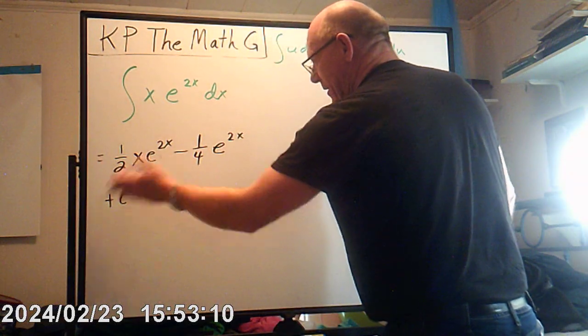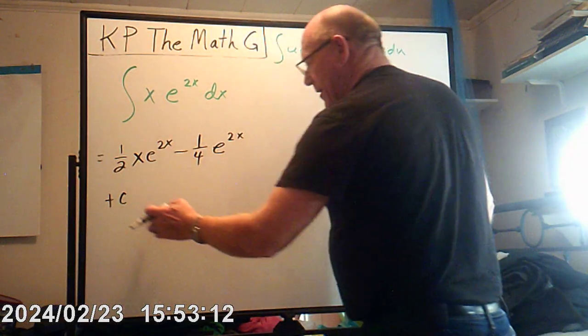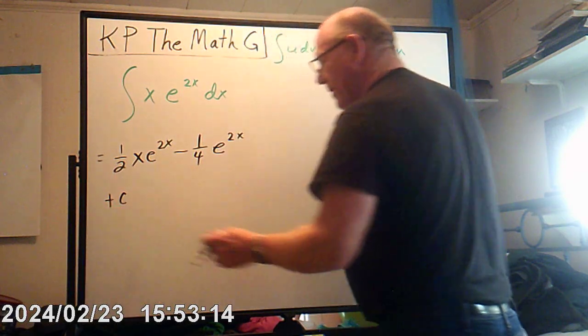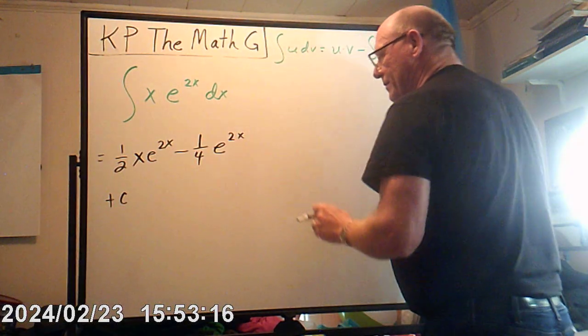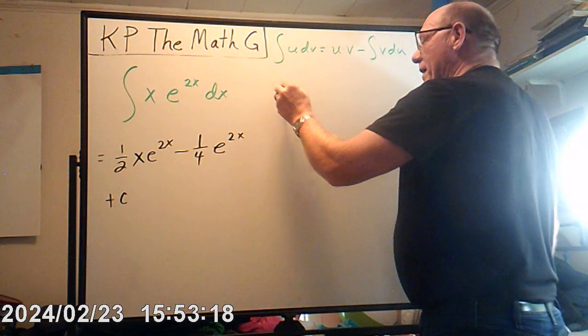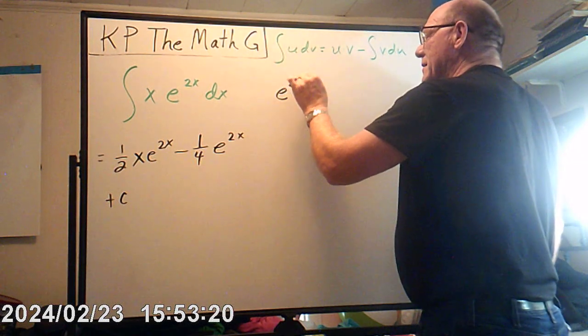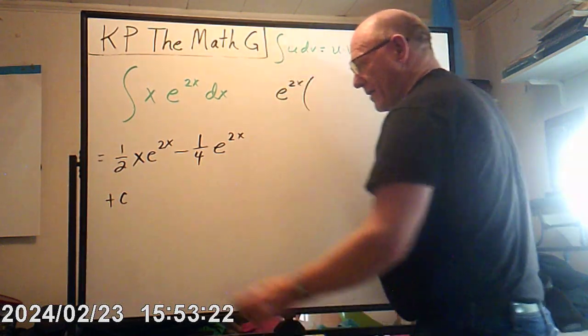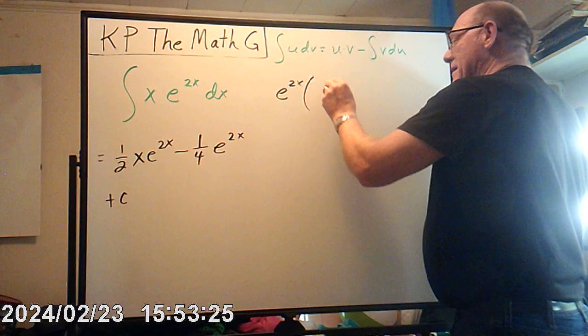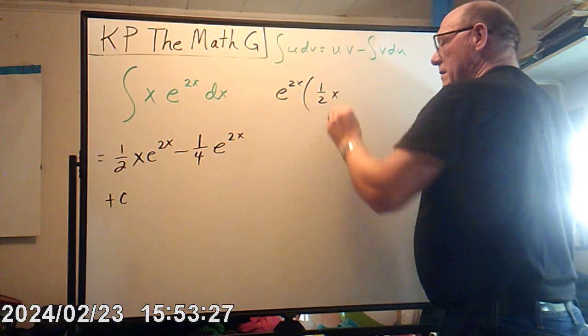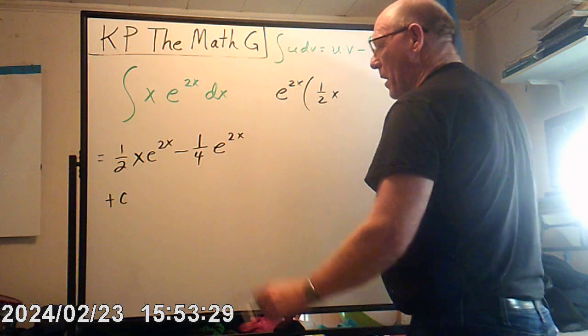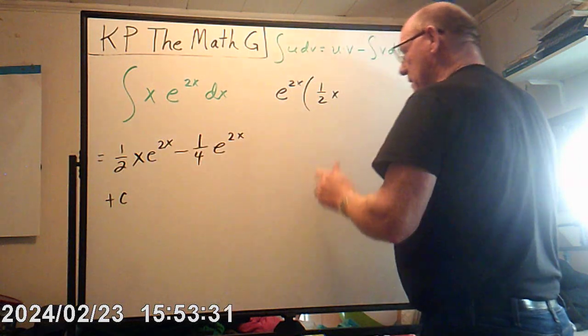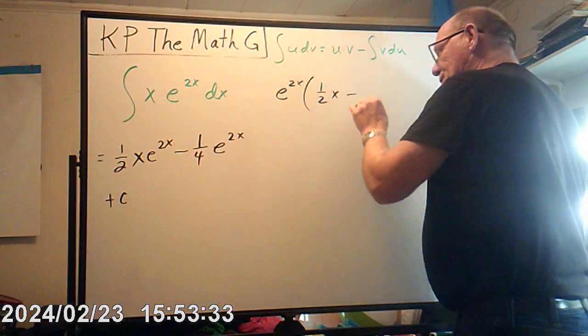Anyway, I'm going to show you what I'm going to do here. I'm going to factor out e to the 2x. That leaves me with 1/2 x minus 1/4.